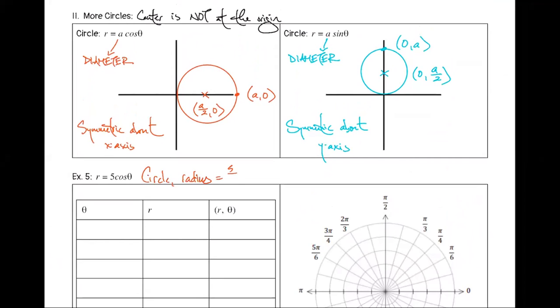So we know it's going to be half of the a value, okay? Now, is it going to be symmetric about the y-axis or symmetric about the x-axis? It's going to be symmetric about the x, okay? I'm writing in the same color, so that's a clear giveaway, right? We know it's going to be the same as the orange one above, but these are all important details to think about when you are plotting these, right?